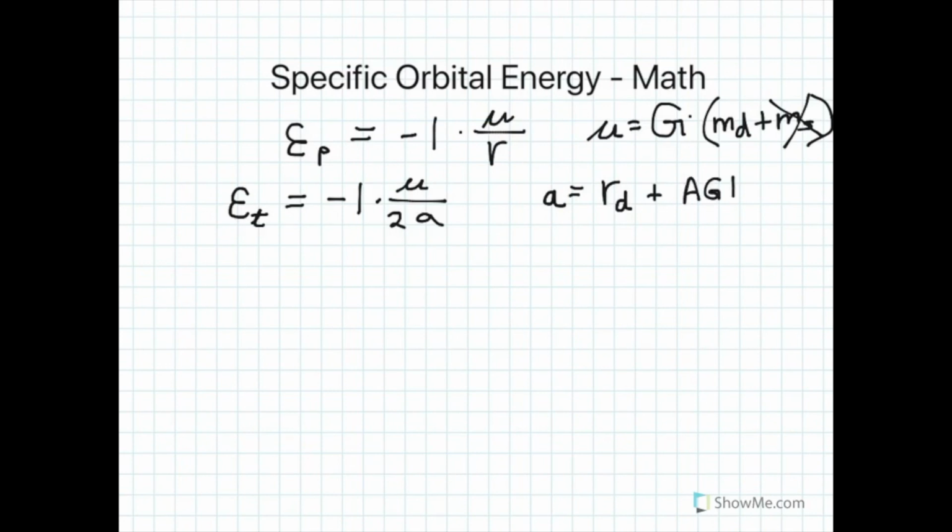We also need to find our current orbital energy. For this, we use the full equation for specific orbital energy, or our kinetic energy, v squared over 2, minus our potential energy, mu over r. In this case, I've dropped the -1 factor in our potential energy and simply subtract the value from our kinetic energy.